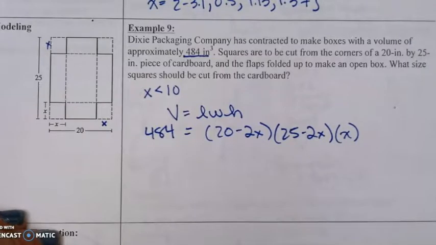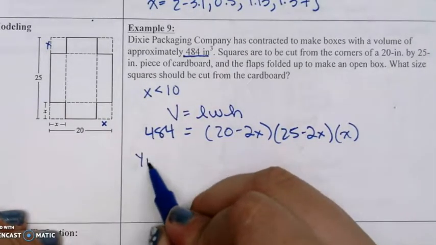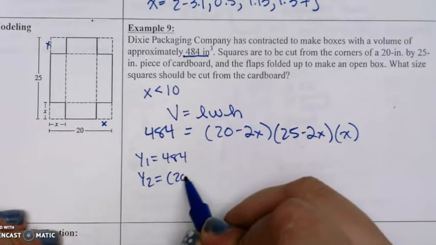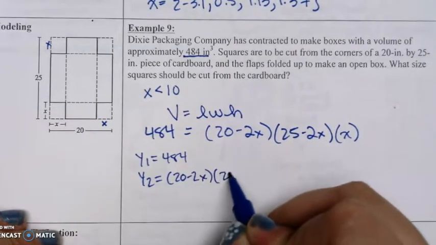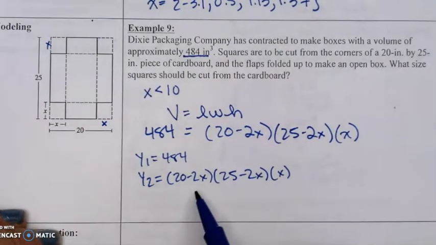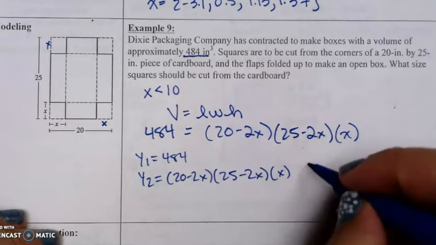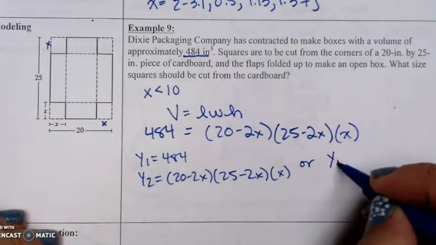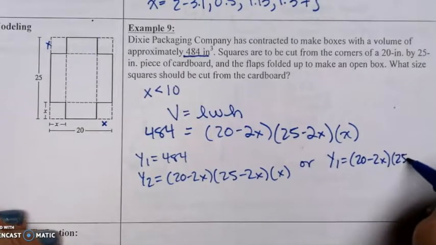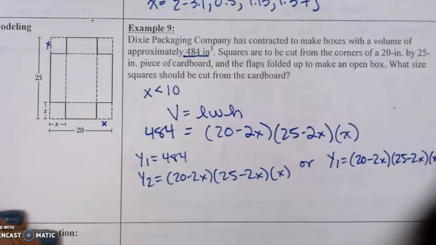So we have a couple options. We can graph y1 equals 484, y2 equals 20 minus 2x times 25 minus 2x times x, and find where they intersect. Or we can do y1 is 20 minus 2x times 25 minus 2x times x minus 484.